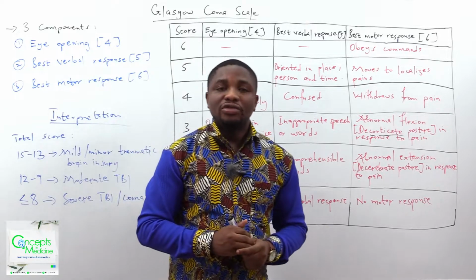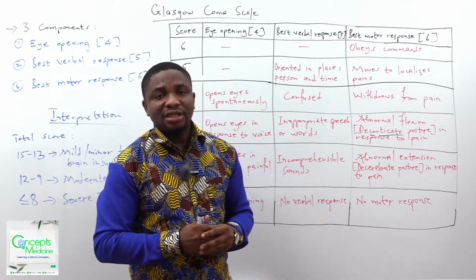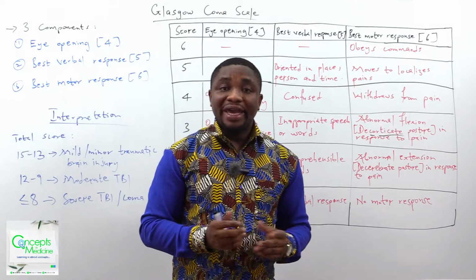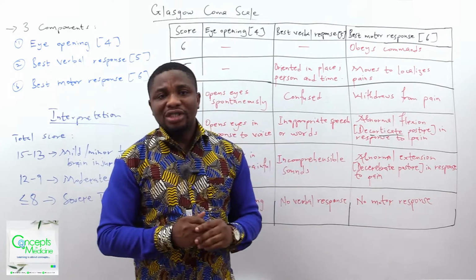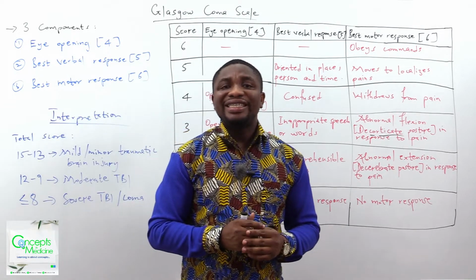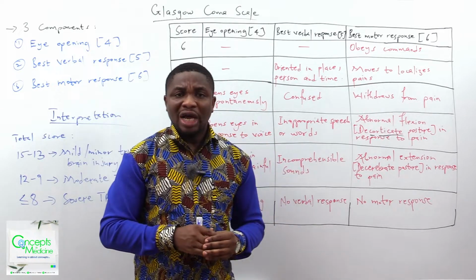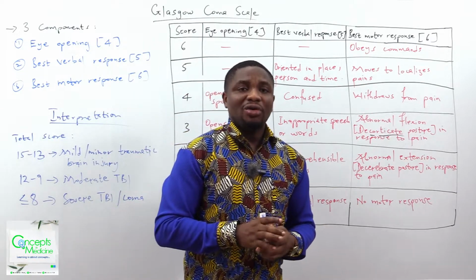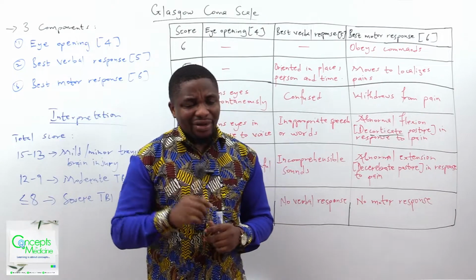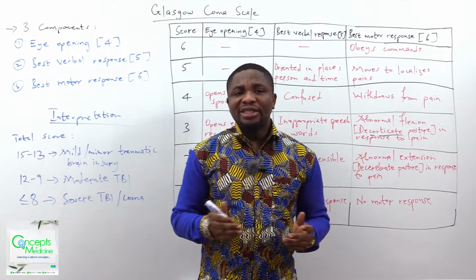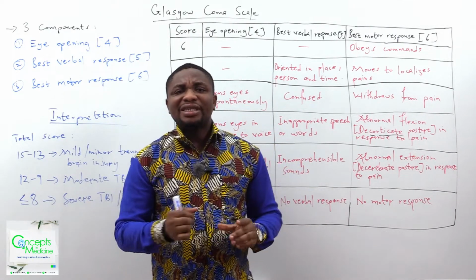You give a score of 2 if there's an abnormal extension in response to pain. And that posture that is seen, we call it the decerebrate posture. And how does that come about? That will come about if the lesion is at the level of the red nucleus or below it. And in that, it inhibits the red nucleus.